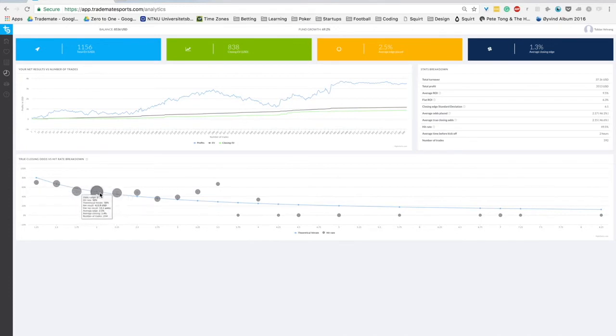So what we can expect if there was an infinitely large sample size is that the actual hit rate would be equal to the theoretical hit rate, as we can see in the odds range of 2. For some of the larger odds ranges, we can see that, for instance, here he's running way above EV on the odds range of 3.25, while he hasn't won any of his bets above 4.25.